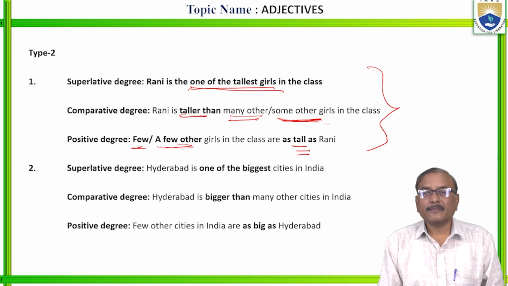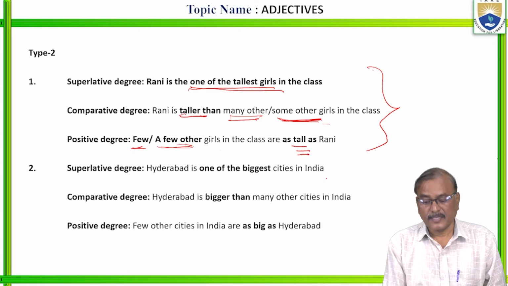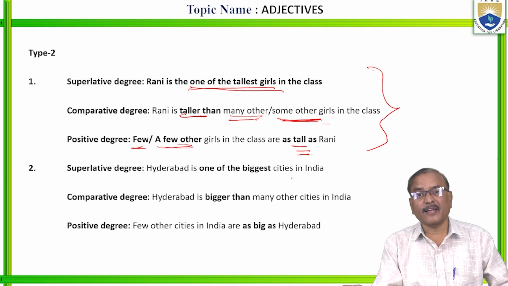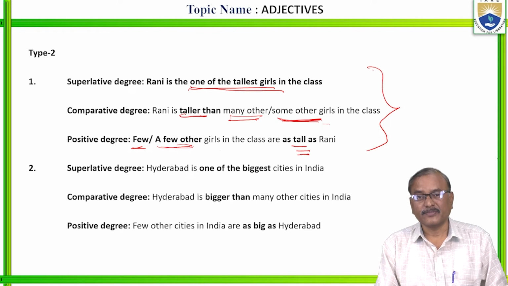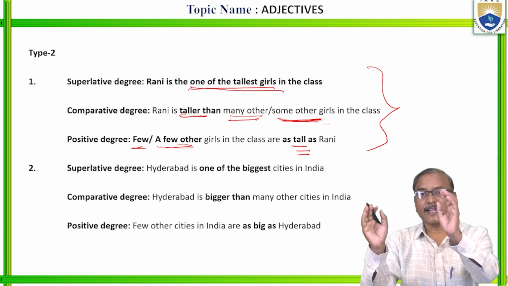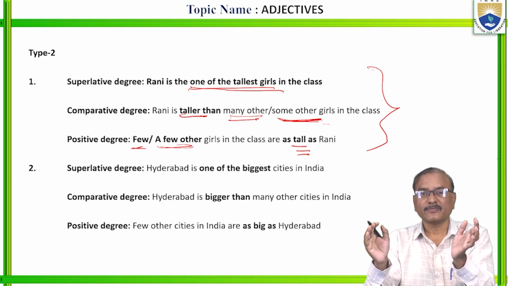Next, Hyderabad is one of the biggest cities in India. Is it the biggest city of all in India? Is it the biggest of all? No. Is it clear? It is one of the biggest. Right? One of the biggest cities means there are some biggest cities, at least a few.